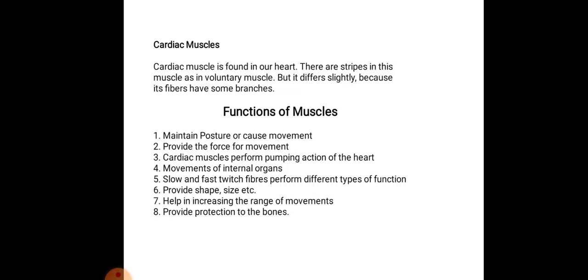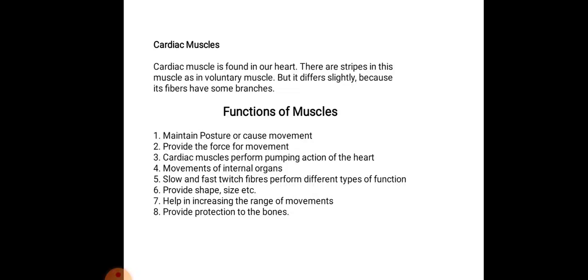Okay, so understood about slow twitch fiber and fast twitch fiber. Slow twitch fiber contracts at a slow rate. This fiber plays a vital role in endurance activity or aerobic activity such as cross country race, long distance, etc. And the fast twitch fiber contracts at a fast rate.